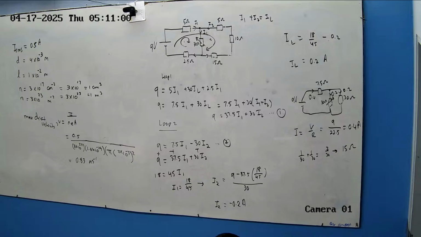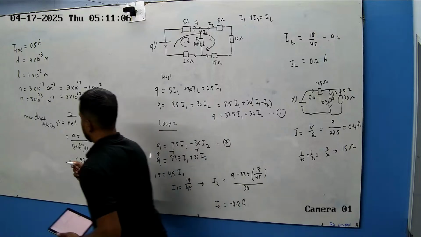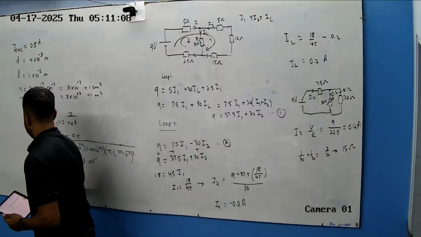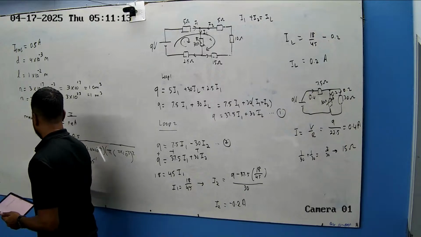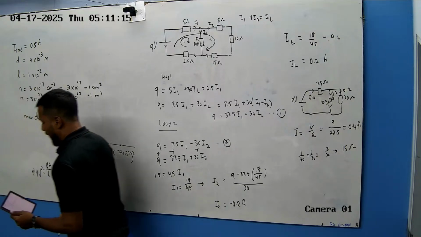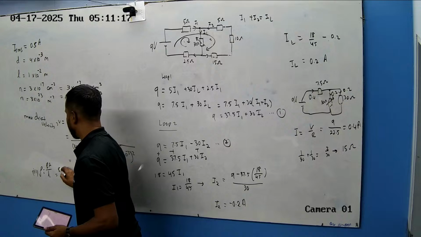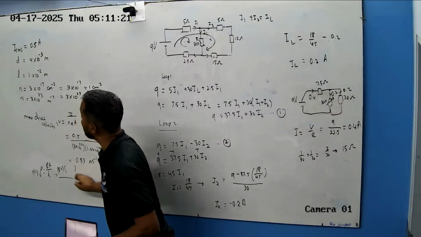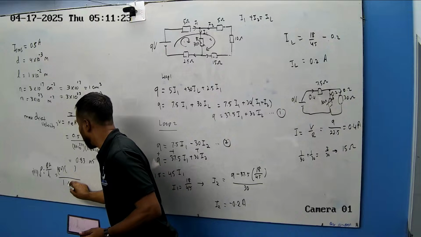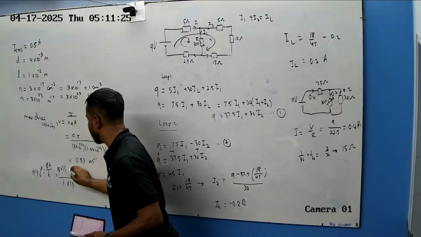Resistivity is, right? You can do the last part from part 3. Resistivity will be your RA all over L. The R value that they gave you was 80. We will find the area here, and the length they gave us is 1 by 10 to the minus 2.